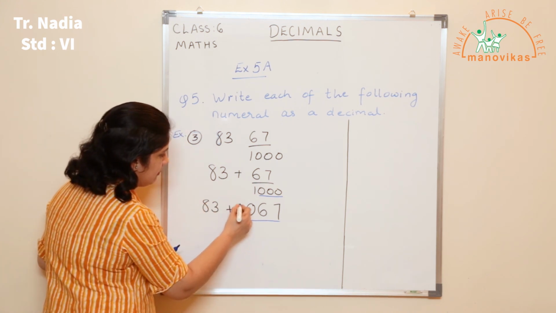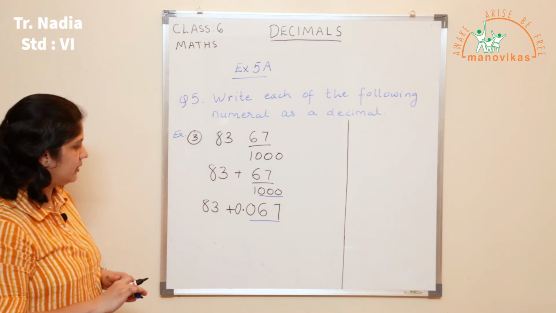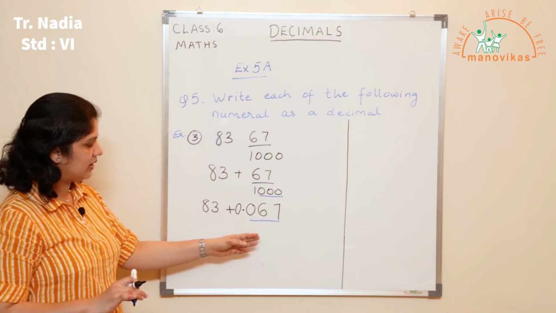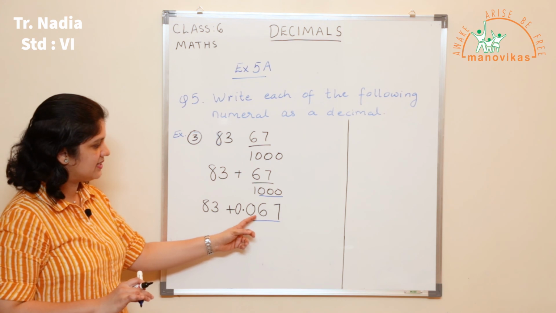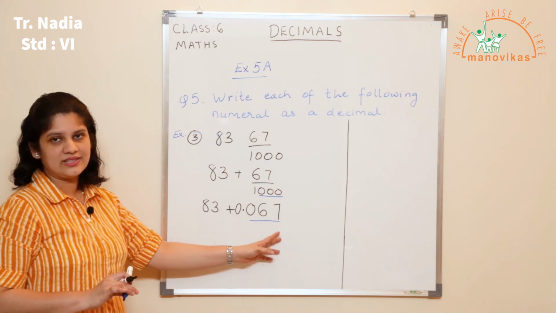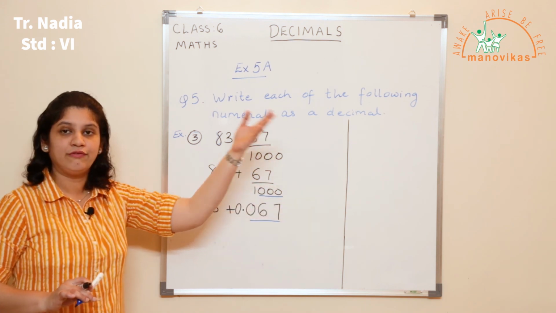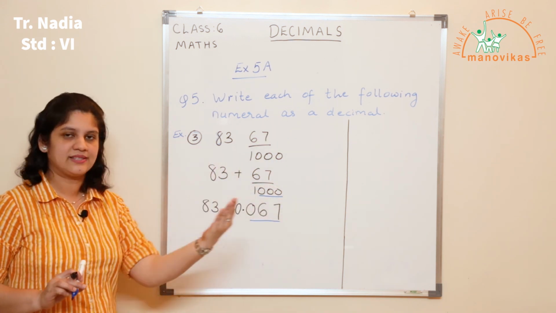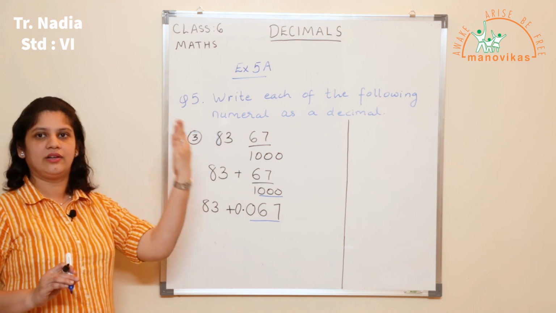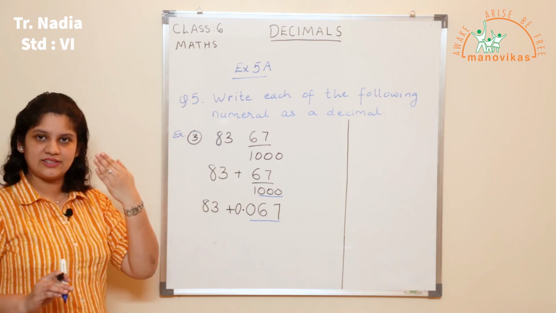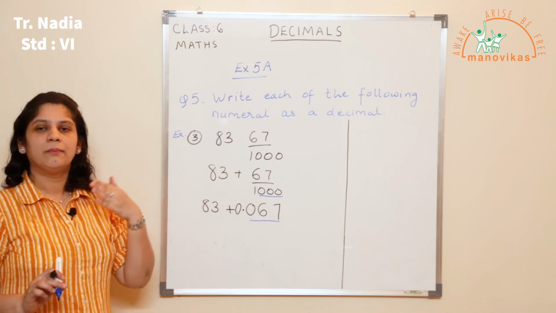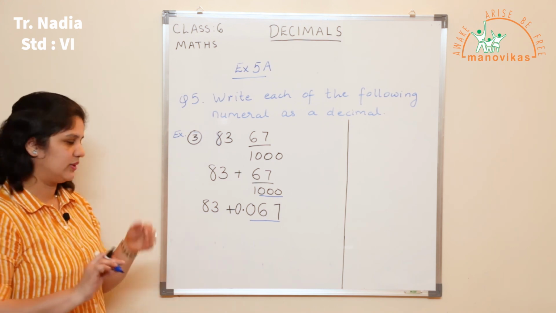Don't begin with a decimal point, put a 0 to start with. So 67 upon 1000 became 0.067. Once again I am telling you children, don't put 6, 7 and 0 ahead. If you are falling short of decimal places, count backwards. 1, 2, 3. If there is no digit, put 0 but backwards.